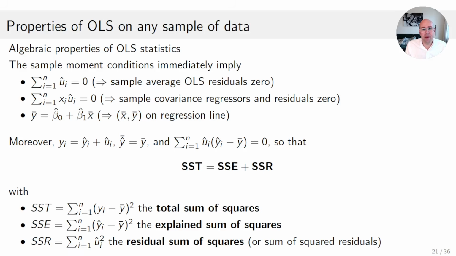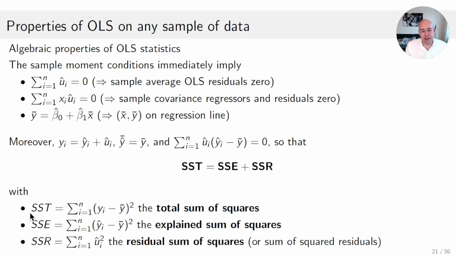At the same time, I'm going to have that the covariance between the fitted residuals and the predicted value of y hat is equal to 0. And from all this, what I can show is that the following relationship holds, and I'm going to define these quantities in a bit. It says that the total sum of squares is equal to the explained sum of squares plus the residual sum of squares.